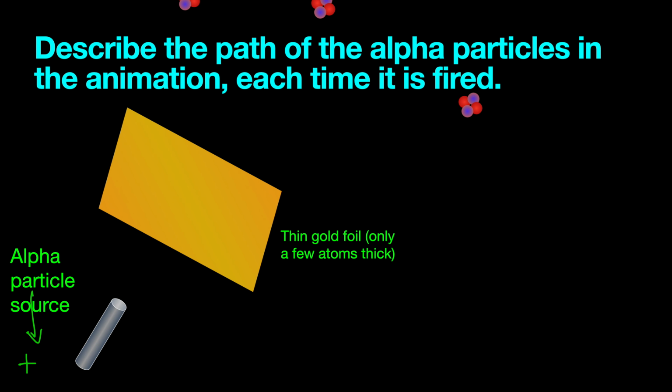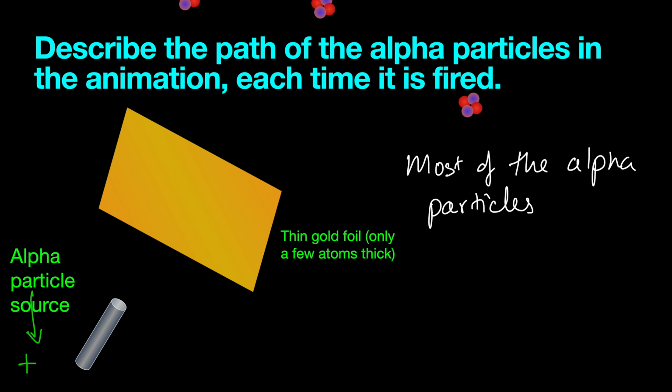Let's take a look at what happened. Most of the particles passed straight through. Some of the particles also passed through the gold foil, but they were deflected and moved in this direction and this direction, rather than going straight through.